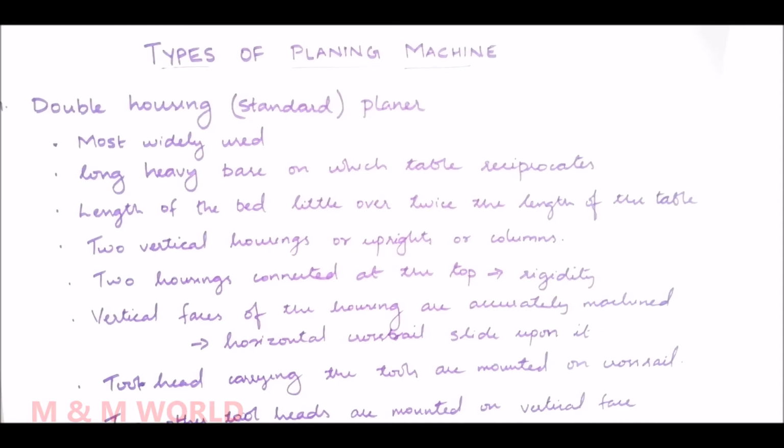So, in case of a planer, the table will be reciprocating and the cutting tool will be stationary. In case of a shaper, the cutting tool is reciprocating on a ram and the workpiece is stationary. Now, we will study about the different types of planing machine.